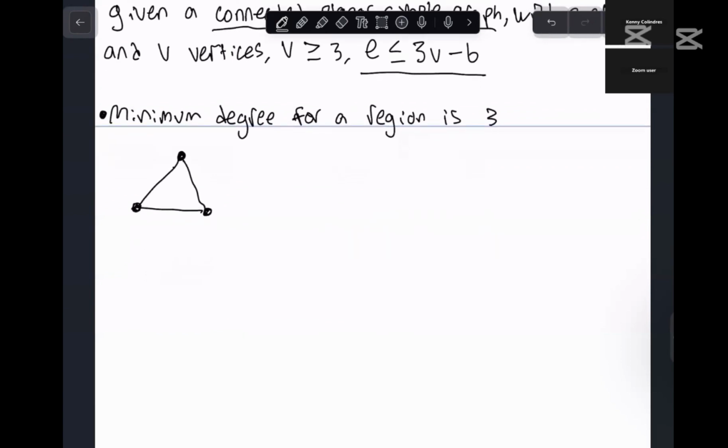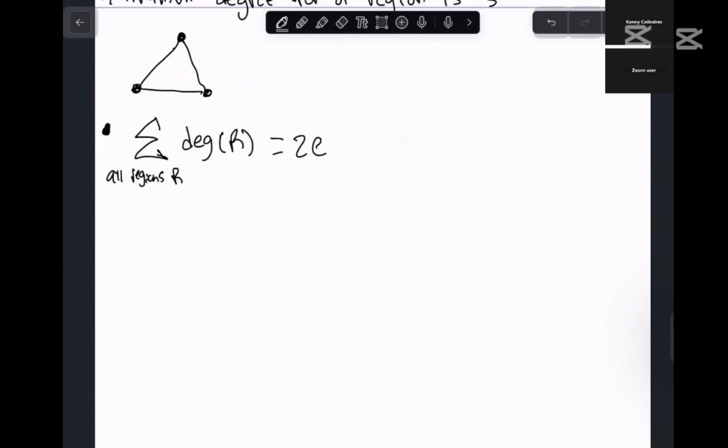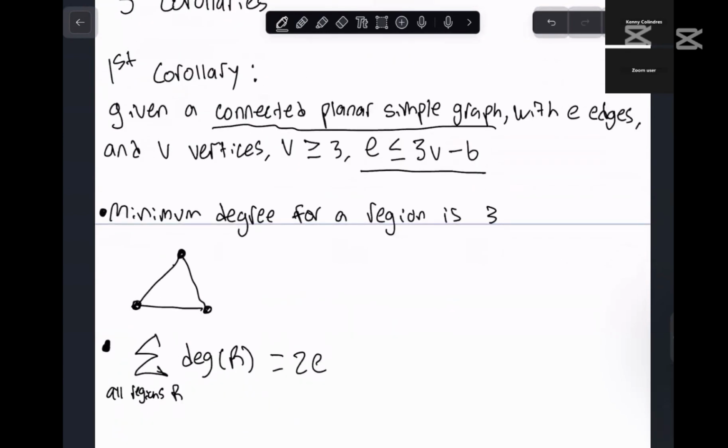And the next idea that we are going to use to prove it is the summation formula for the degrees of all the regions, which is denoted as the sum over regions R of the degree of R, and that is equal to 2E. And we know this because obviously this is for connected planar and simple graphs.